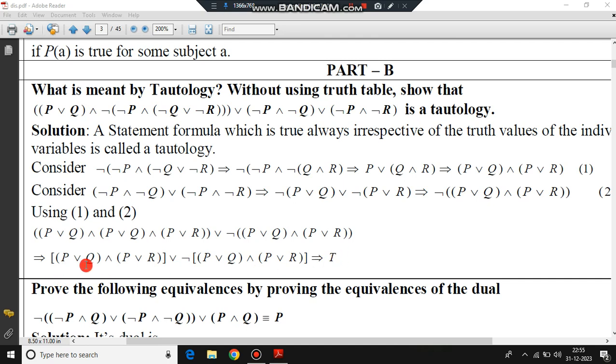So the whole bracket here also gives a tautology with the negation. Thus the given statement formula is equivalent to a tautological statement. So thus we are proving this theorem.